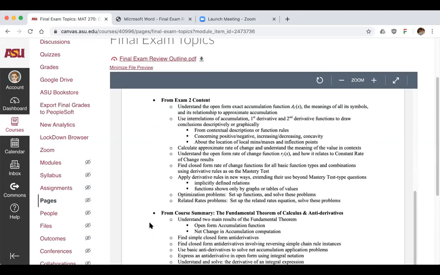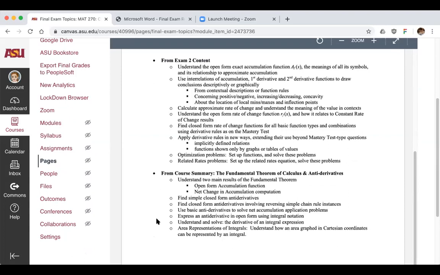Some of this is summary, so a lot of it is built into what we've talked about throughout the class, but these are things since your exam two that you might see more questions about that wouldn't have been on an earlier exam. This includes the derivative of an integral, or finding antiderivatives. Like if you have 1 over x, what's the antiderivative?